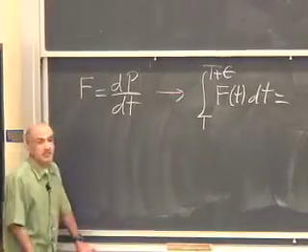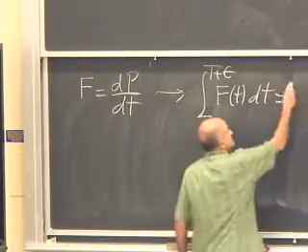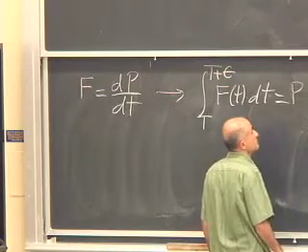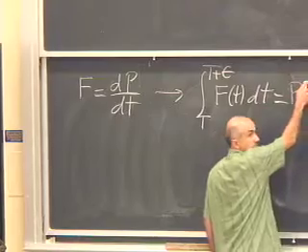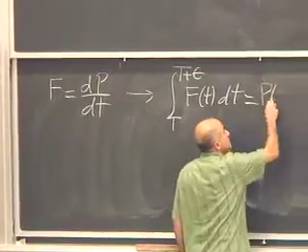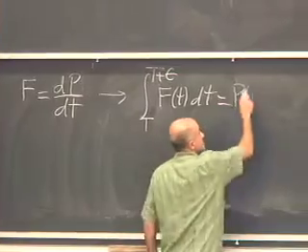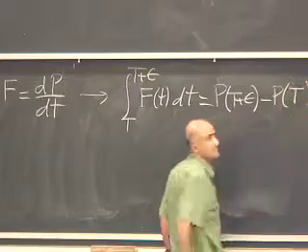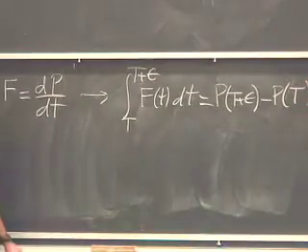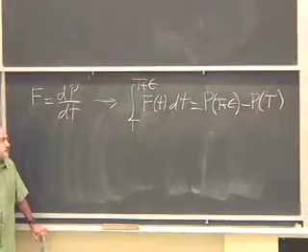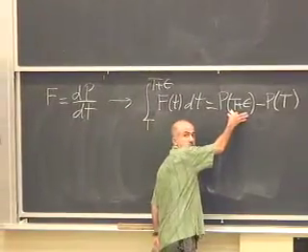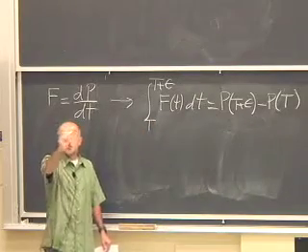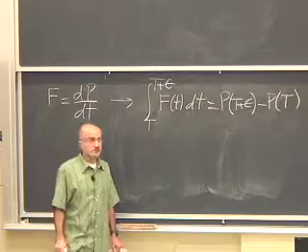What do you get on the right-hand side? P of what? It's evaluated at where? T plus epsilon minus P of T. Okay? You with me? That's basic calculus. So the momentum just at the time of departure minus the momentum at the time of impact. And there's an epsilon time duration between the two.